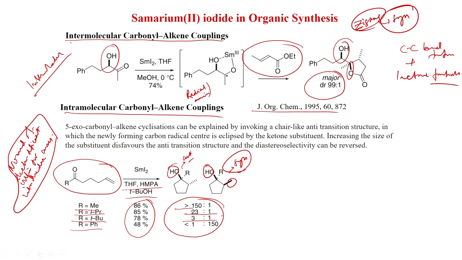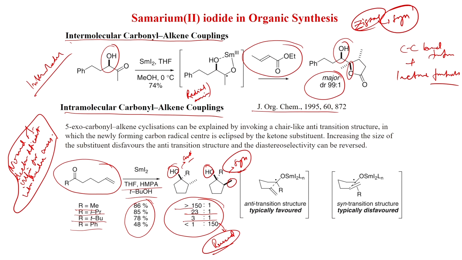So, it is getting reduced as the bulk increases, and R is equal to phenyl, you get a completely reversed result. So, here mostly syn is formed and only 1 part trans is obtained.